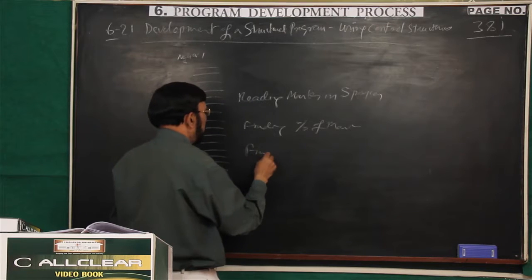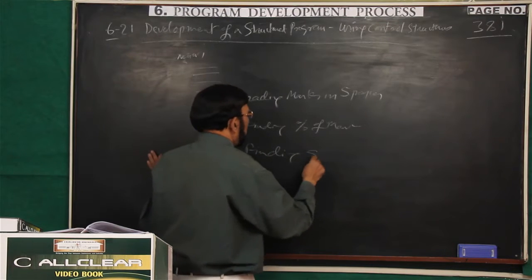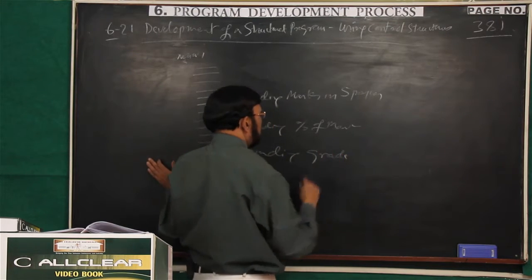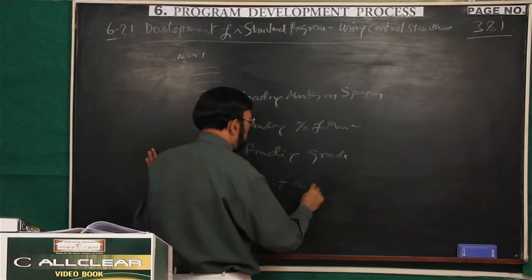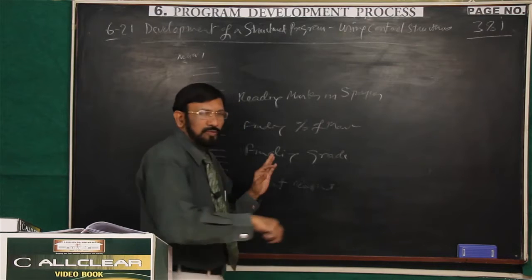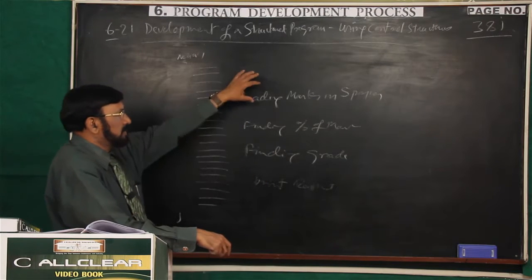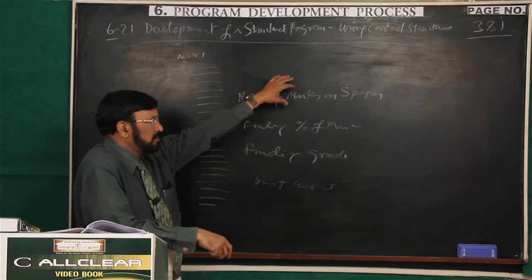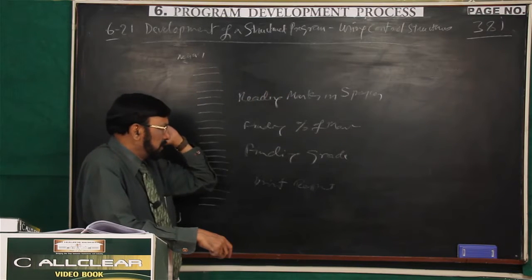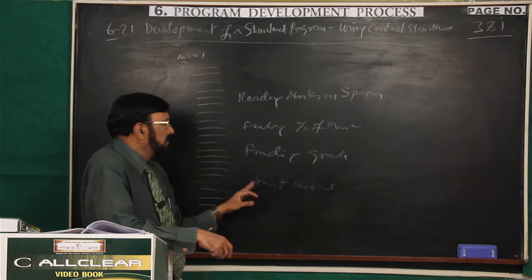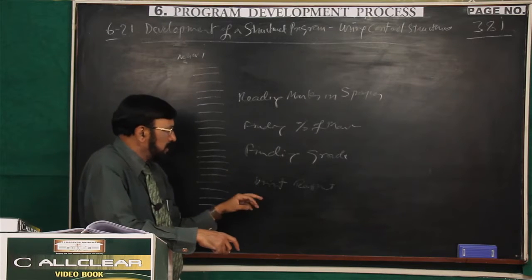Finding a grade. Printing a report. Suppose the task of the program is reading marks in the 5 papers of your exam, finding the percentage of marks, finding the grade, and printing the report.